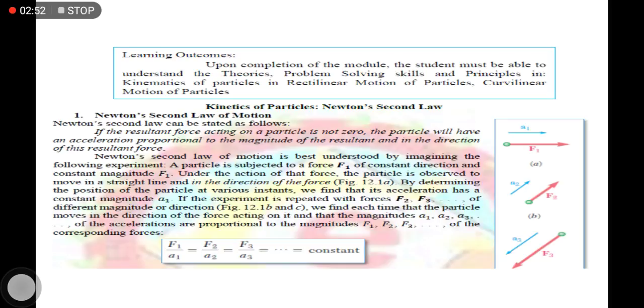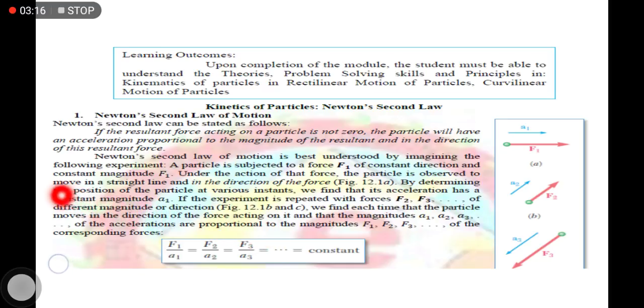So in our equation, we have F1 over A1 is equal to F2 over A2 is equal to F3 over A3, which is a constant. This constant is the so-called mass, the mass of the object, because F is equal to mass times acceleration.